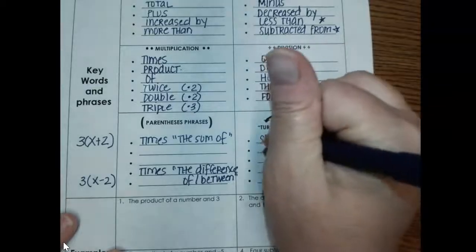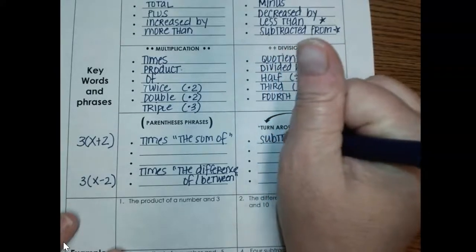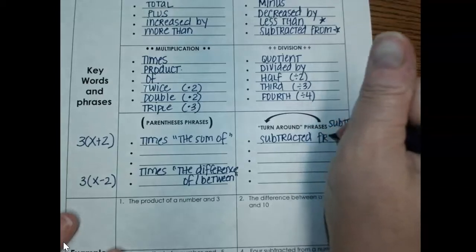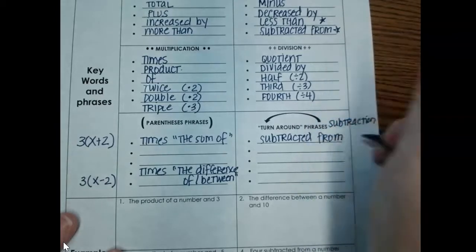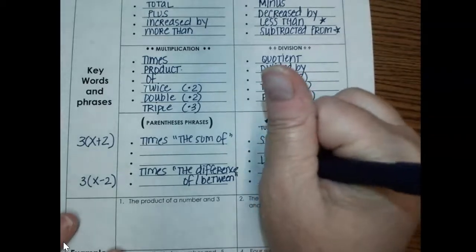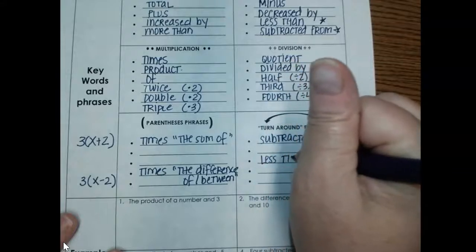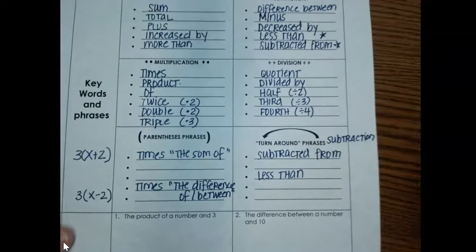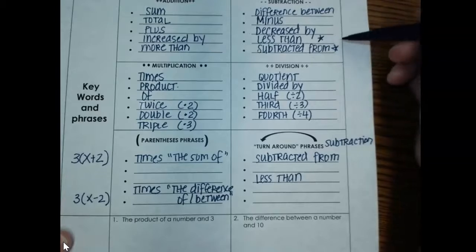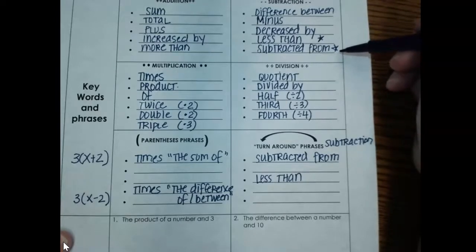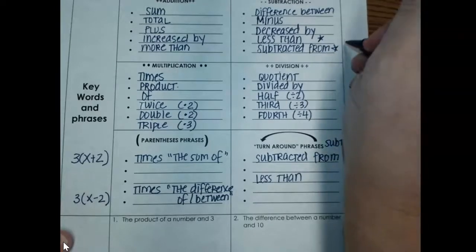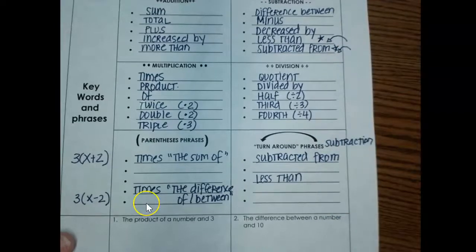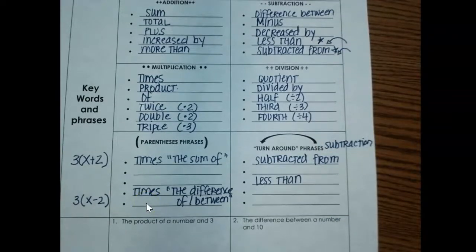The two important phrases are subtracted from and less than. These two phrases mean the order is going to change, and you'll notice I had you star them earlier because I want you to be reminded that these are going to be turnaround phrases, so the order is going to change from how it's written.